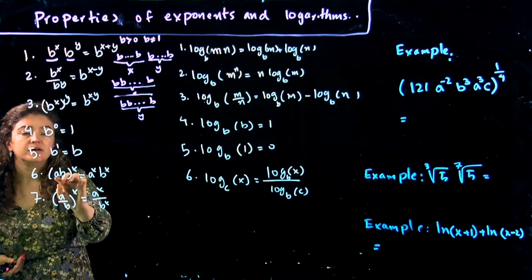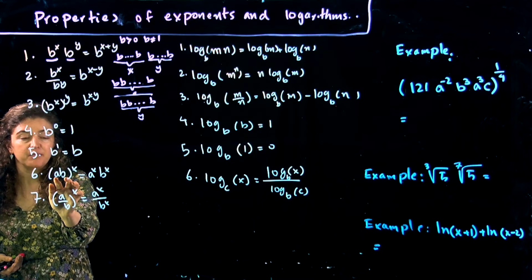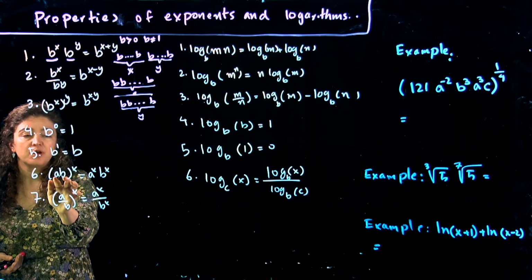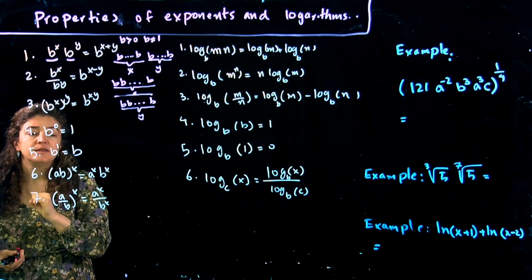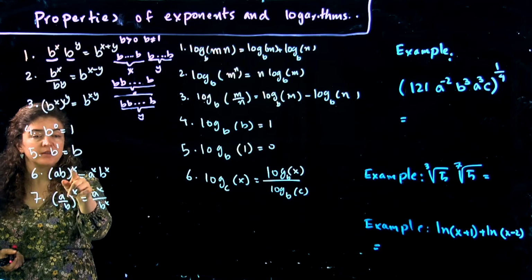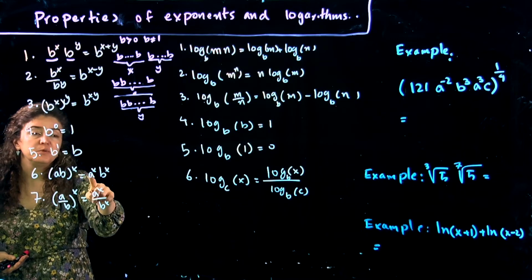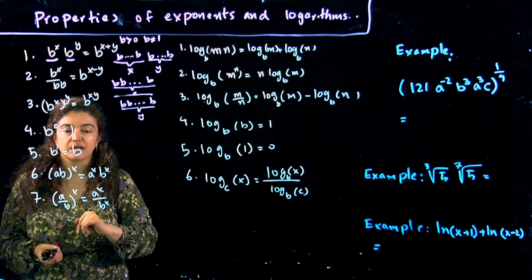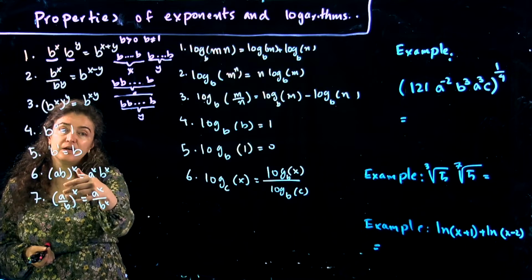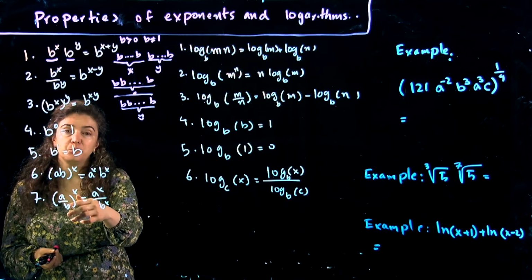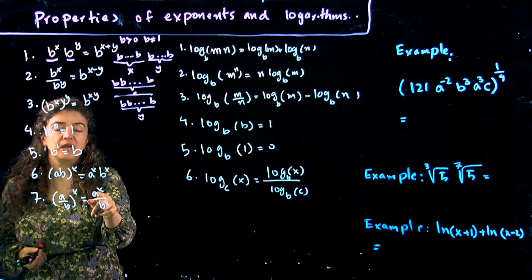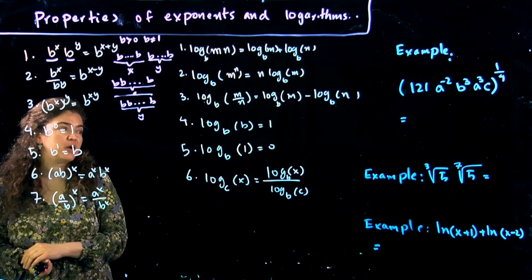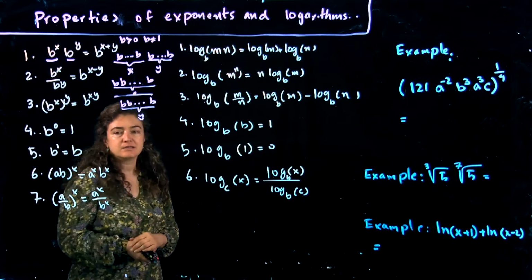If you have a product of two numbers in the base, then the product to the power x is each factor to the power x. If you have a quotient of two bases to the power x, then it would be a to the power x divided by b to the power x.